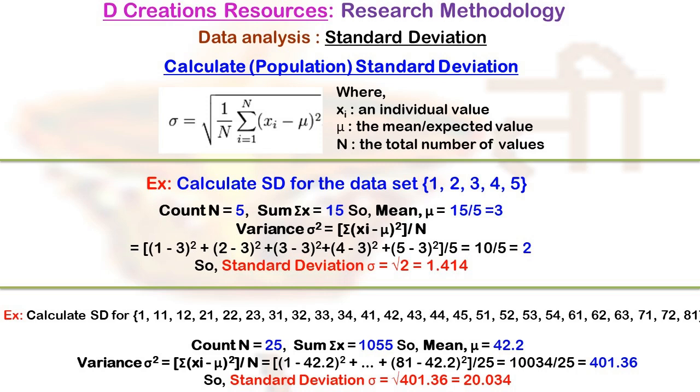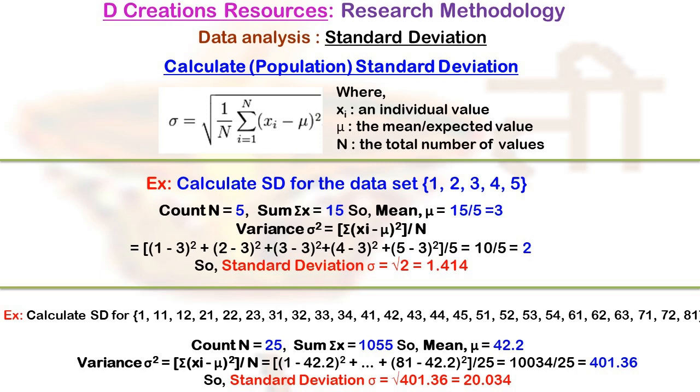So the entire summation is 0, the variance is 0, and the standard deviation is also 0. There's no surprise here because you are taking the same number; each of the data points is identical to the mean, so there is no deviation.